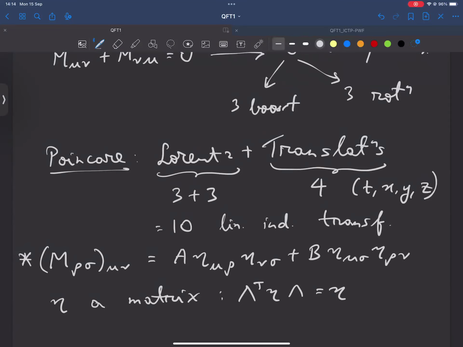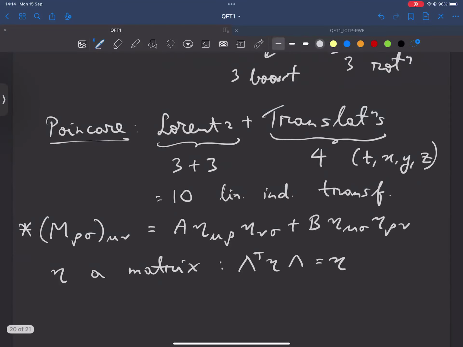Sorry. Now, first of all, you see that you cannot have, so we know that rho and sigma are the indices that label the rows and columns of the matrix, and the antisymmetry is in these indices, right? Rho sigma is minus sigma rho schematically.